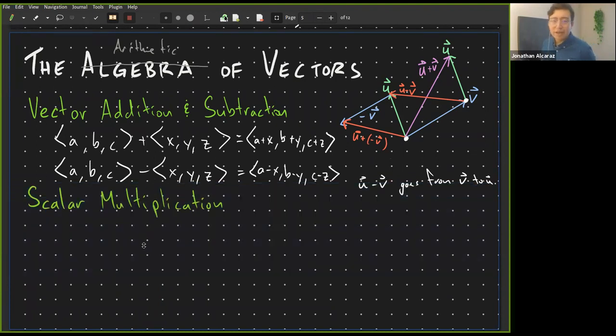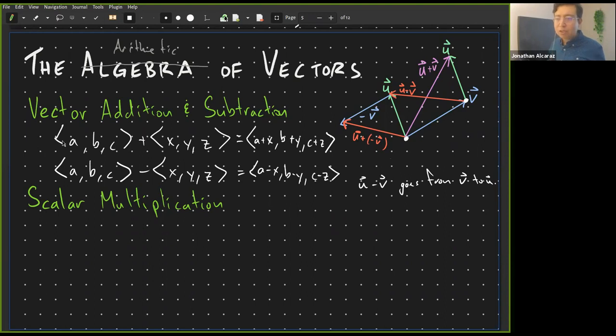Okay, so now the other operation we can do with vectors is what we call scalar multiplication. Now, a scalar is a fancy word for basically just a number, a real number.